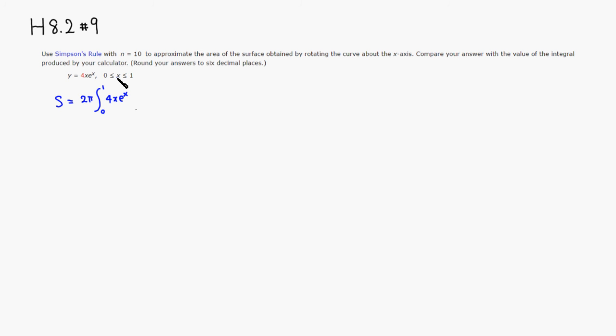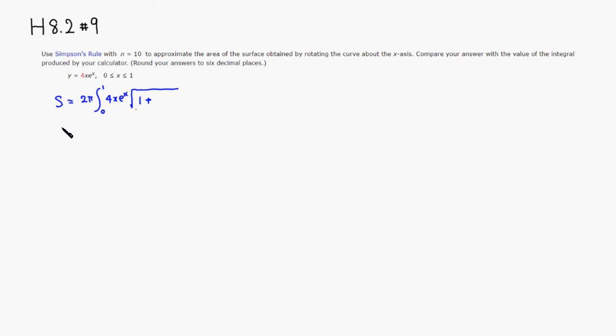Then we need to multiply by the arc length. So the arc length formula: it's going to be a square root of 1 plus, we need to find the derivative.